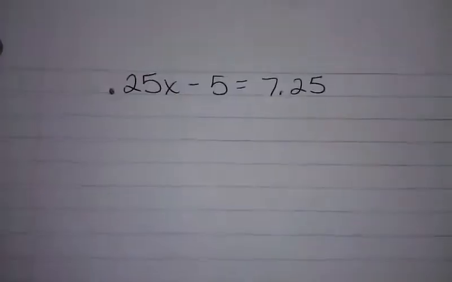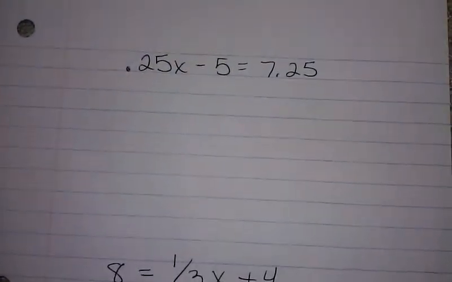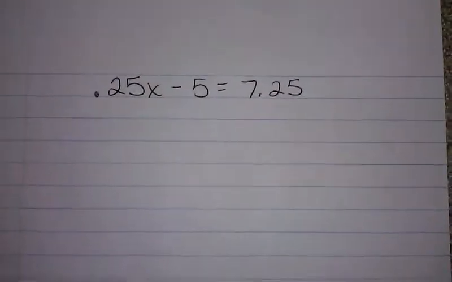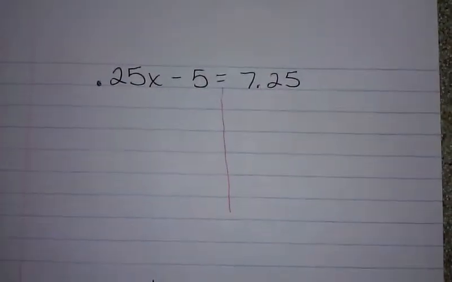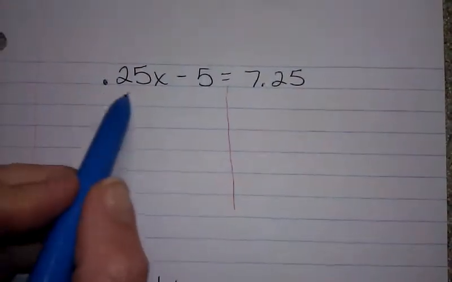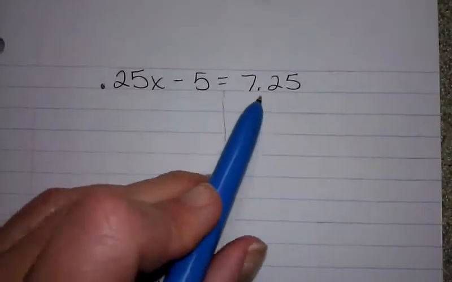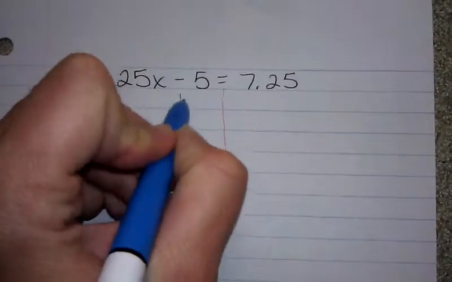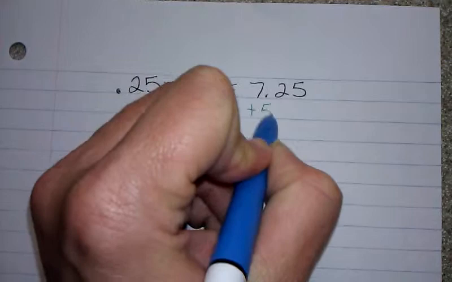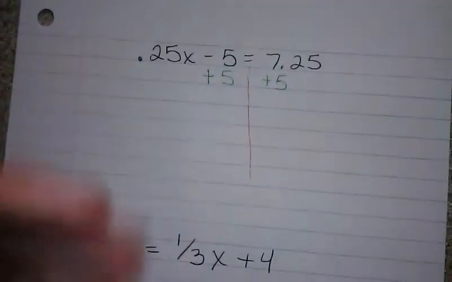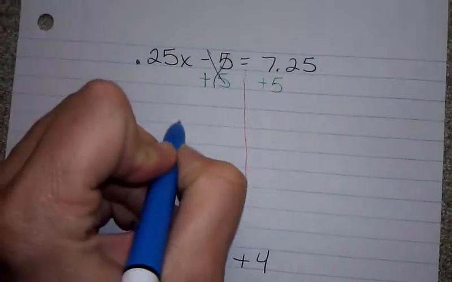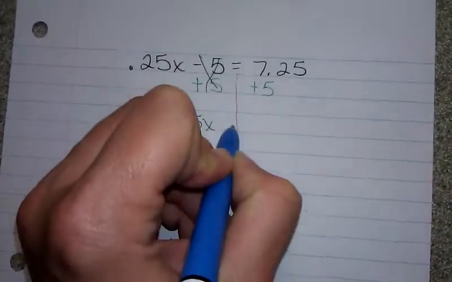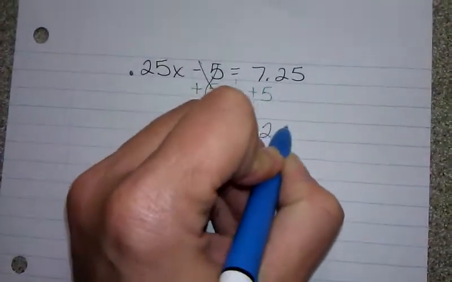Next problem, right here, pause the video, come back and see how you did. Draw my dotted line. It says 0.25x minus 5 equals 7.25. I will add 5 to each side. These cancel, and I get 0.25x equals 12.25.